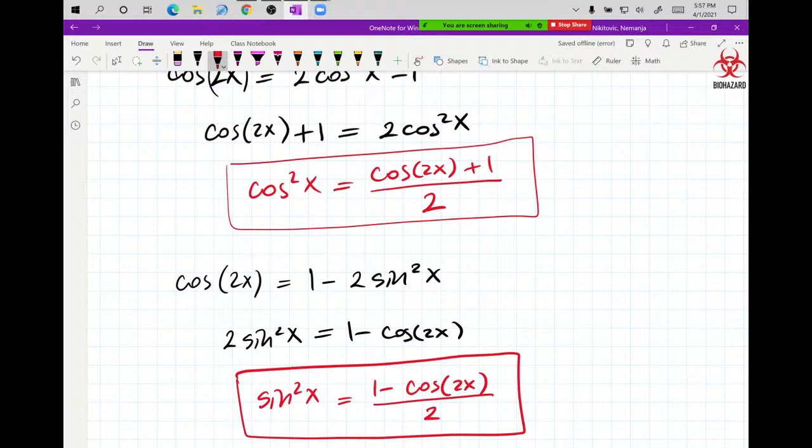Usually in the books, they write this one in front so that it follows the same format as this formula, but these two are power reducing formulas.